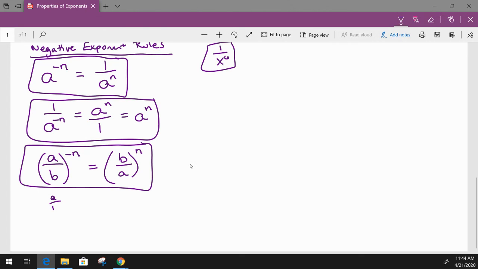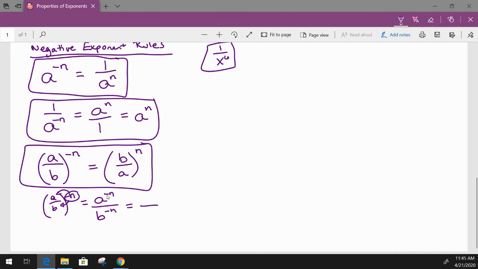So if you have a over b to the negative nth power, and you distributed this exponent, which we haven't talked about that rule yet, but you're probably familiar with this one. If you had a to the negative n over b to the negative n, the a to the negative nth power is in the numerator.